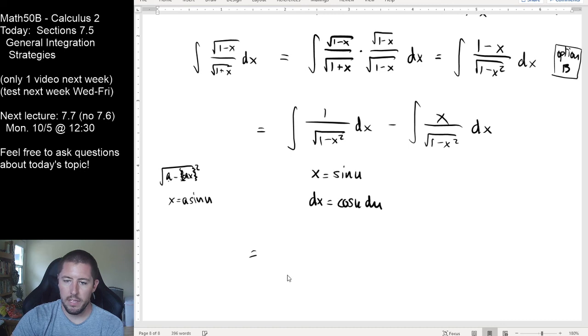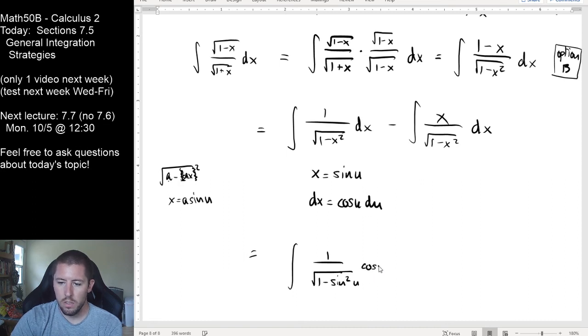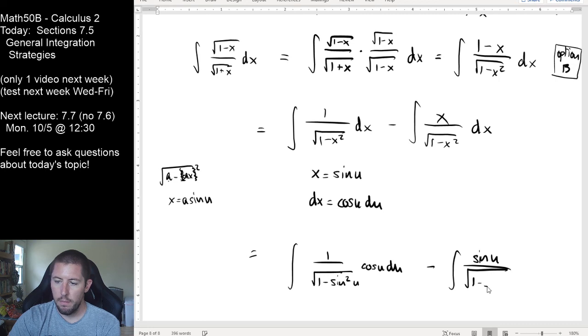This is going to allow me to rewrite this integral here as 1 over the square root of 1 minus sine squared u, times dx, which is cos u du, minus the integral of, and I'm using the exact same sub for both of these because they're both the same radical term, sine of u over the same stuff, 1 minus sine squared u, times cos u du.